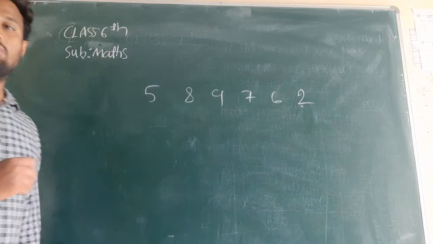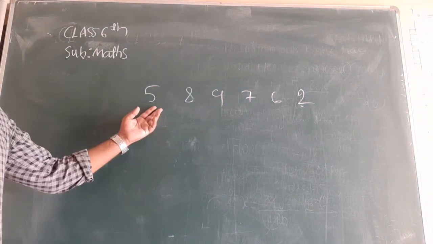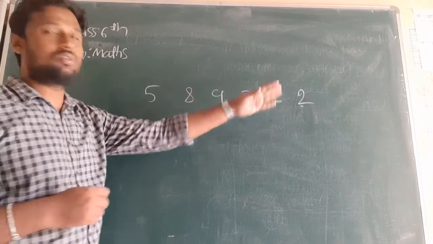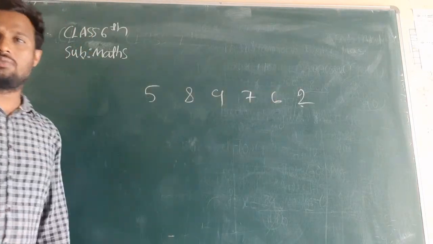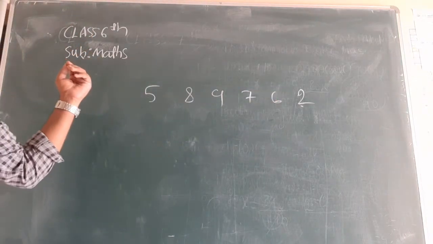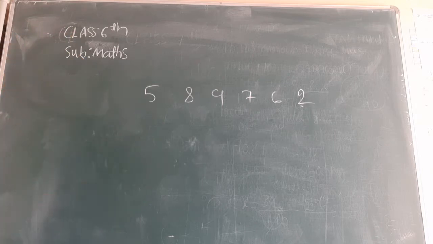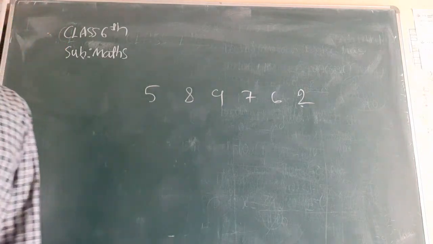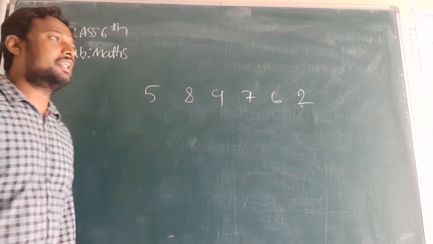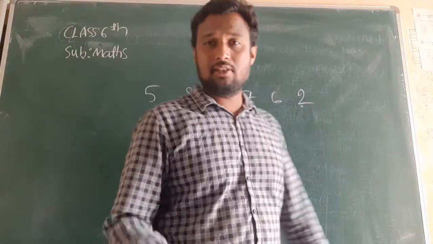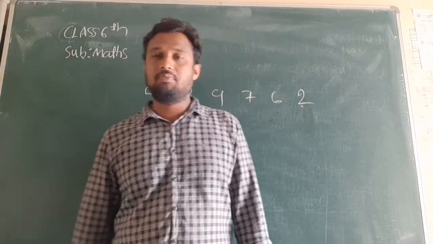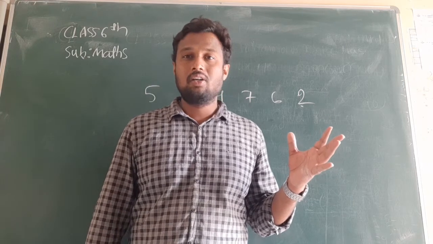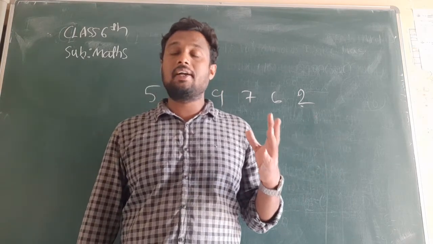First I have written 5, 8, 9, next 7, after that 6, 2. Arranging these numbers in a particular order means there are mainly two methods, so that when you arrange the numbers in particular order, it will be easy to understand numbers.